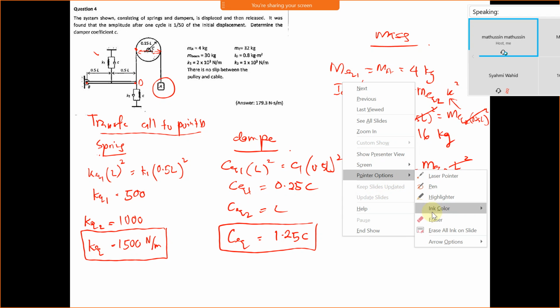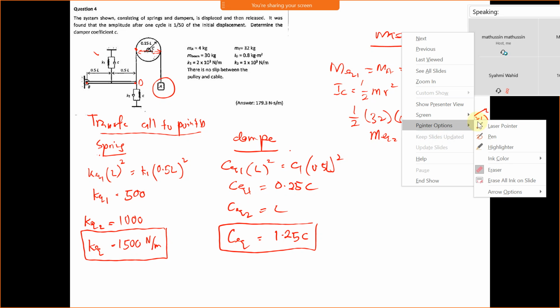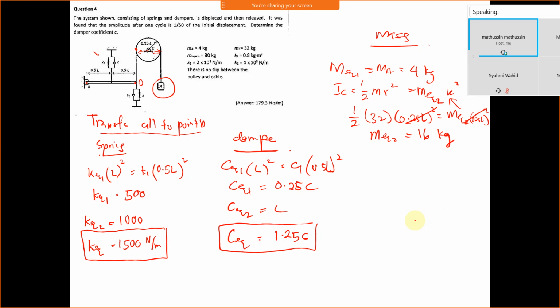Sekejap saya padam balik. So kita ada IO sama dengan 0.8 sama dengan ml squared. Alright, M equivalent times with L daripada point B, so ml squared. Alright, ml squared.